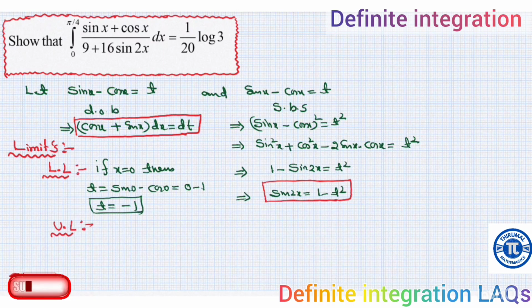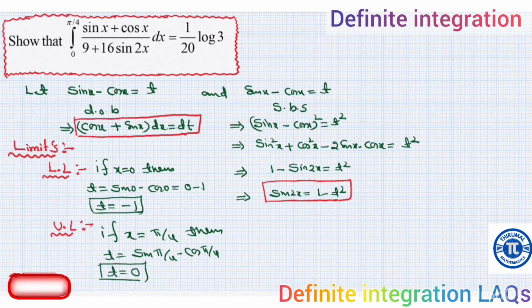Same for the upper limit: if x equals pi by 4, then t equals sin pi by 4 minus cos pi by 4. Both are equal values, 1 by root 2 minus 1 by root 2, so the t value is 0. Here the upper limit is t equal to 0 and the lower limit is t equal to minus 1.